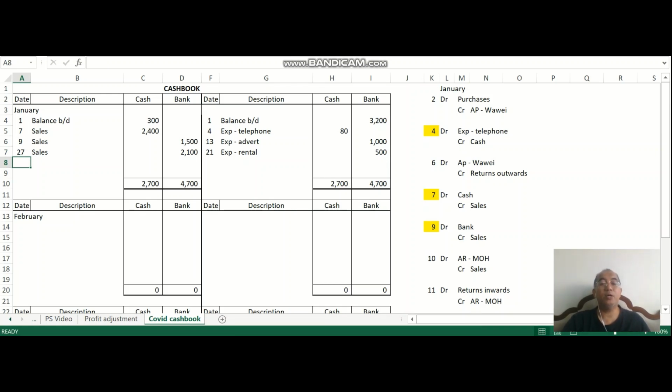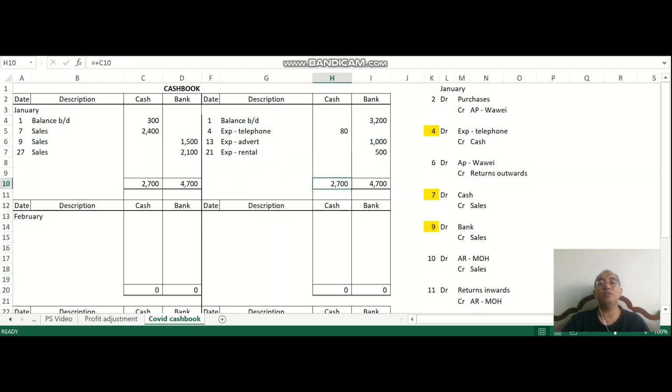Alright, now let's do balancing off. I have done the balancing off earlier. If you compare the cash over here and the cash at the credit side, this is only 80. So of course 2,700 is the biggest, bigger than the credit side.